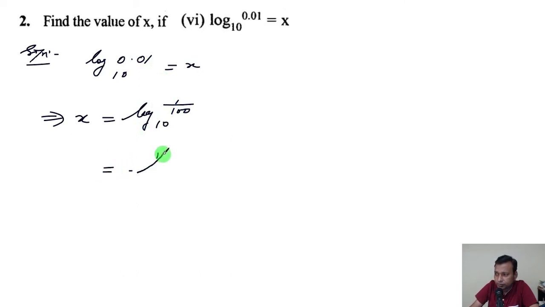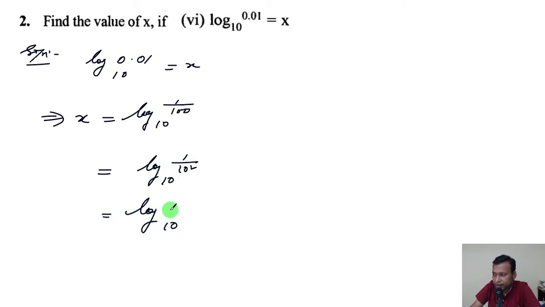and log this equals log 10 of 1 by 10 square, because 10 square is 100.